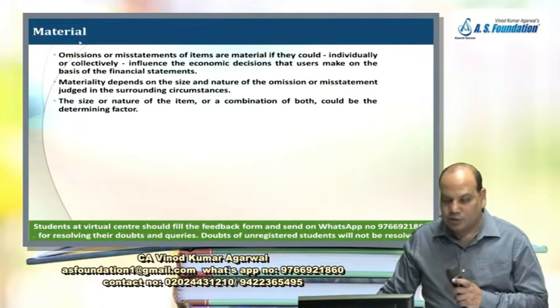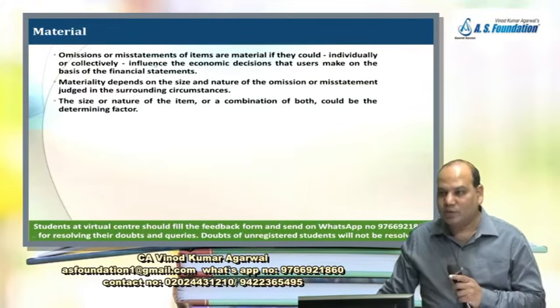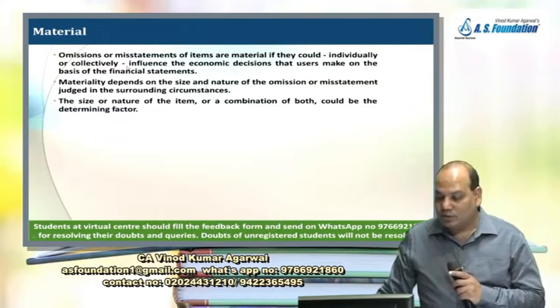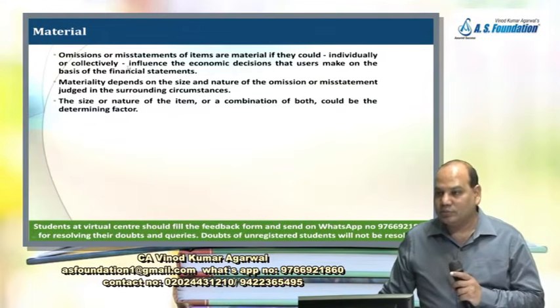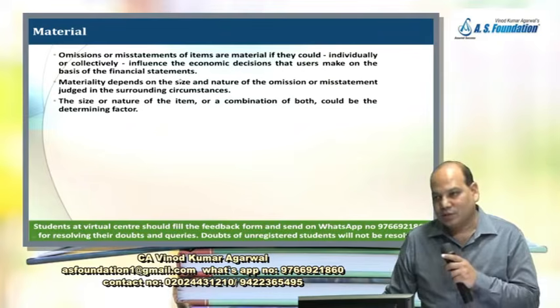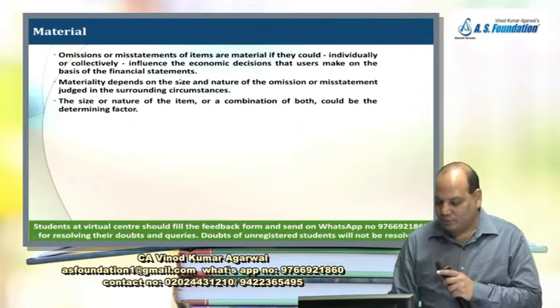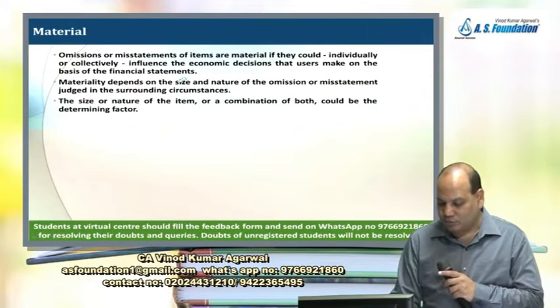Now next is what is material. Material, as you have been learning from 11th standard accounts, means these are those items whose omission or misstatement individually or collectively can influence the economic decision that users make on the basis of the financial statement. Same definition from 11th standard accounts book.